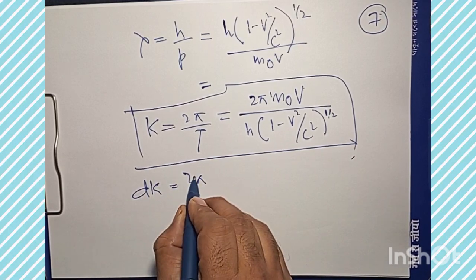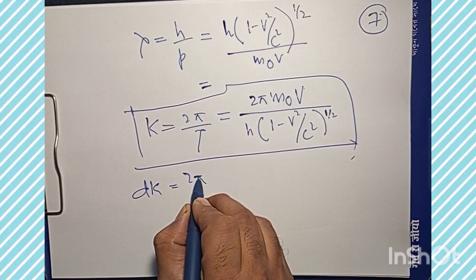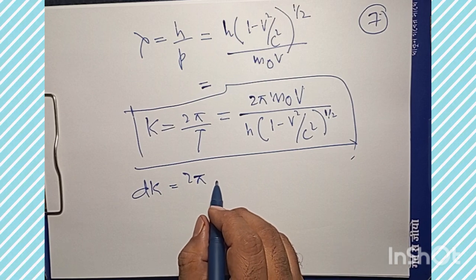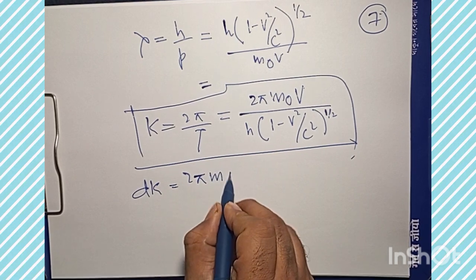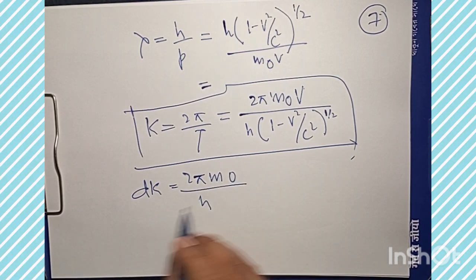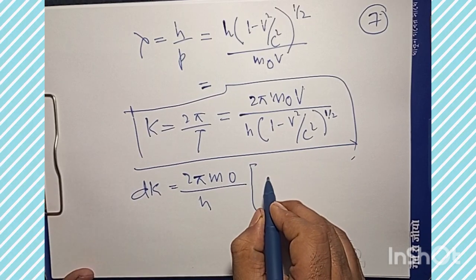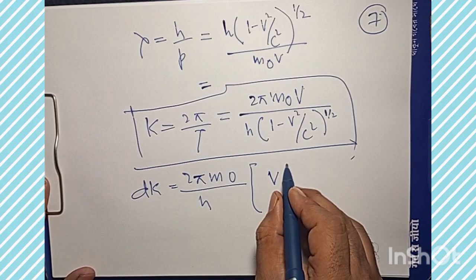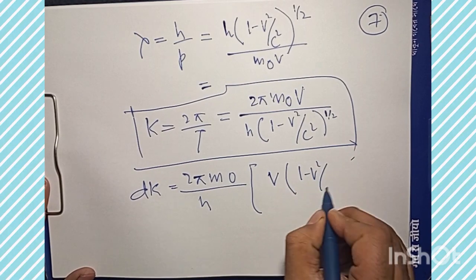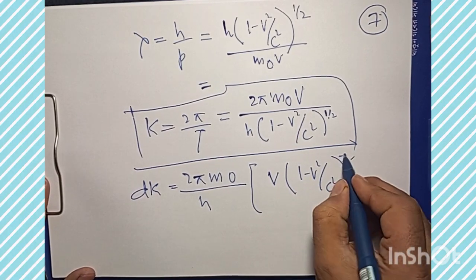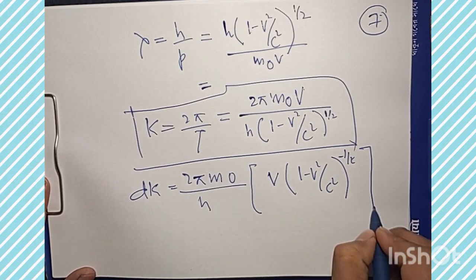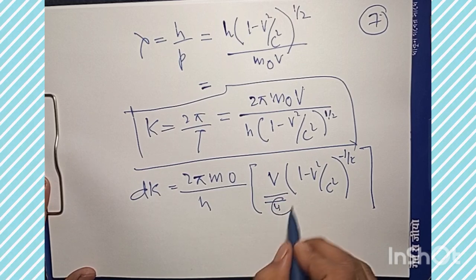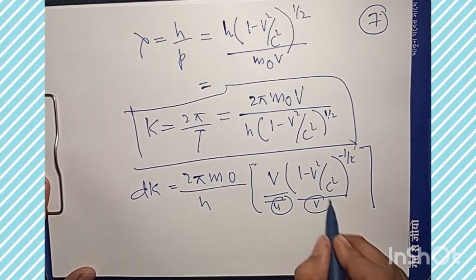What will be outside will be 2 pi, m naught, and h, and inside I will have v, and I will have 1 minus v square by c square whole to the power of minus 1 by 2. So this thing will act as u and this whole thing will act as v, following the uv rule.